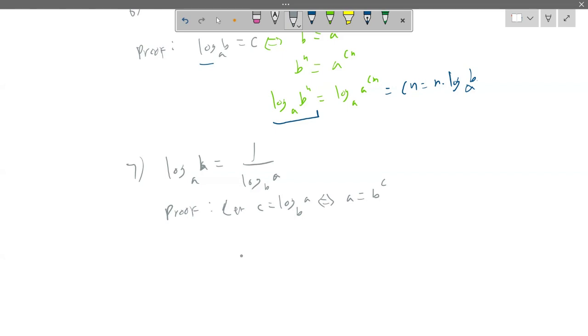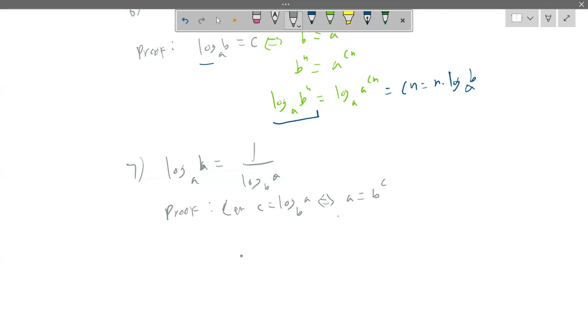So, like what we had. Oh, I think no, not b then, because that would be redundant to the previous one. Or is it? Wait, hold on. Oh yeah, you take this logarithm.